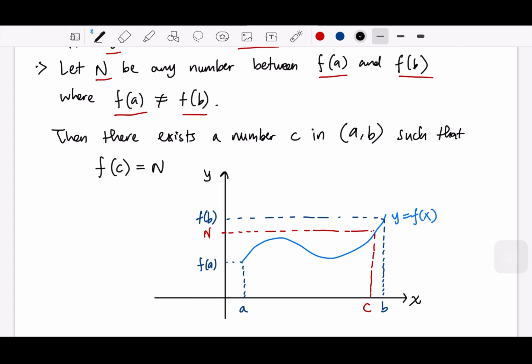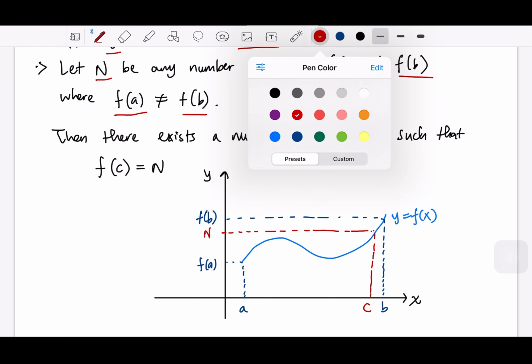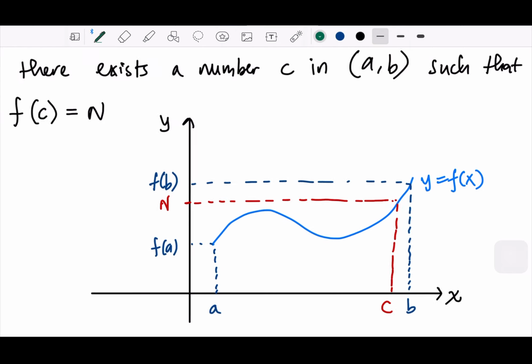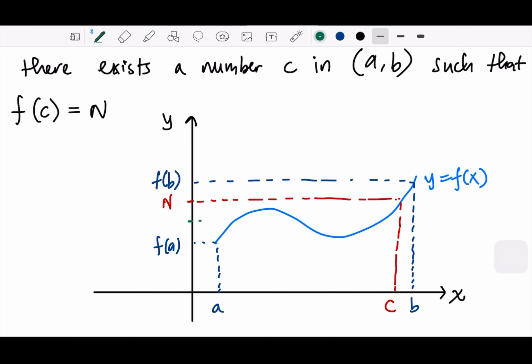And of course, the c can be more than one. For example, if you have another n, because n can be any value, you can have maybe n here. So it can have c1, c2, and c3.